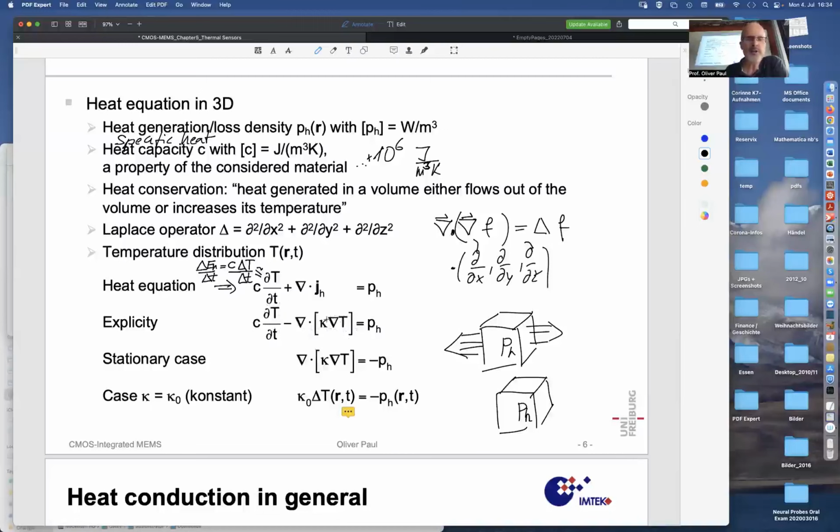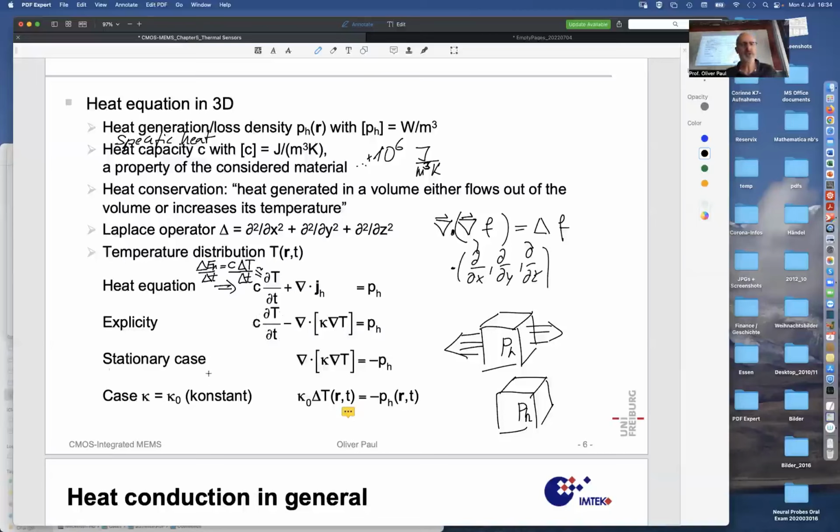That is a differential equation for temperature. It has time derivatives, it has spatial derivatives, it has kappa, it has maybe a heat source that is defined. And then we can solve for T, and ultimately we know how the sensor operates. That's a complicated problem, especially if there is a time dependence.